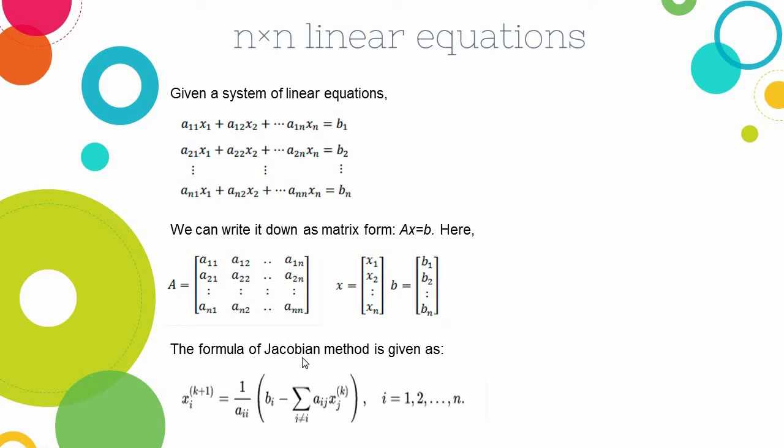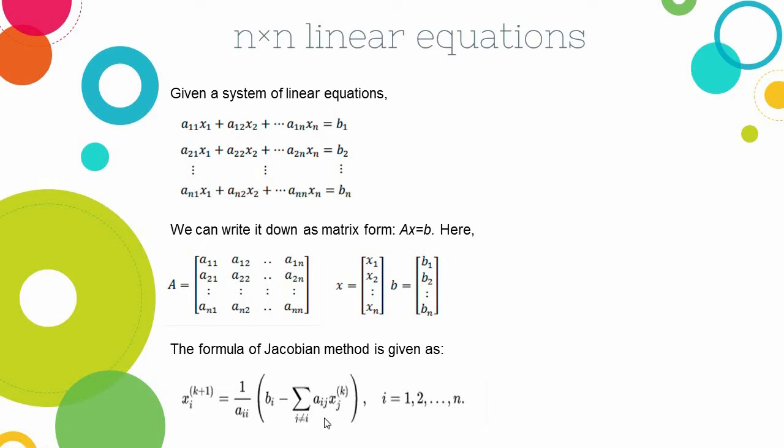The formula of the Jacobi method can be written this way. As we can see here, aii is the diagonal element of this matrix, and we do a summation of aij times xj, and be careful, here we require j doesn't equal i.